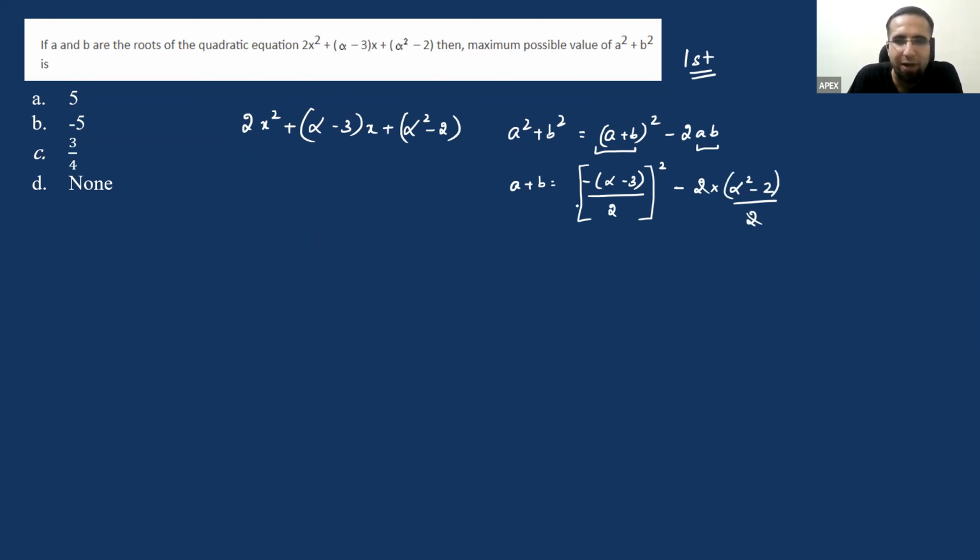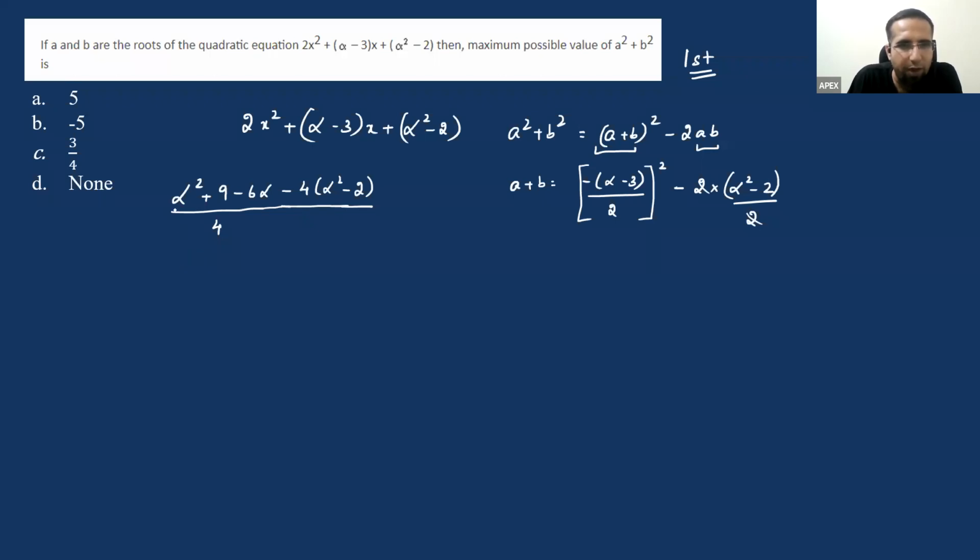So what do we get from here? Minus square becomes a plus, so this becomes alpha square plus 9 minus 6 alpha divided by 4, and then I have a minus of, or let's just take an LCM, minus of 4 times (alpha square minus 2). Clear? So what do we get from here, guys?